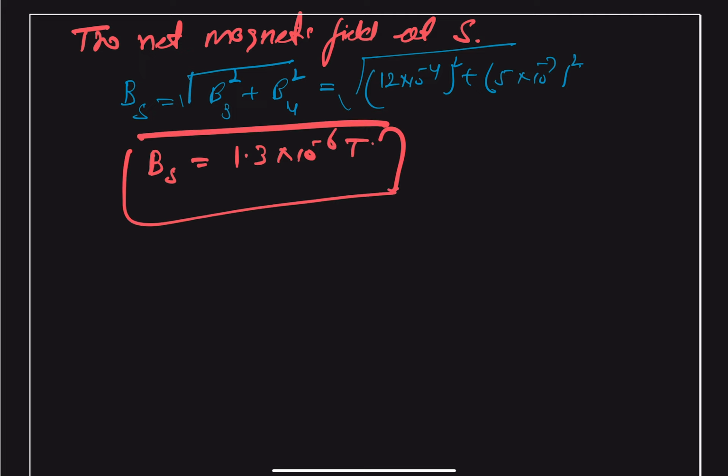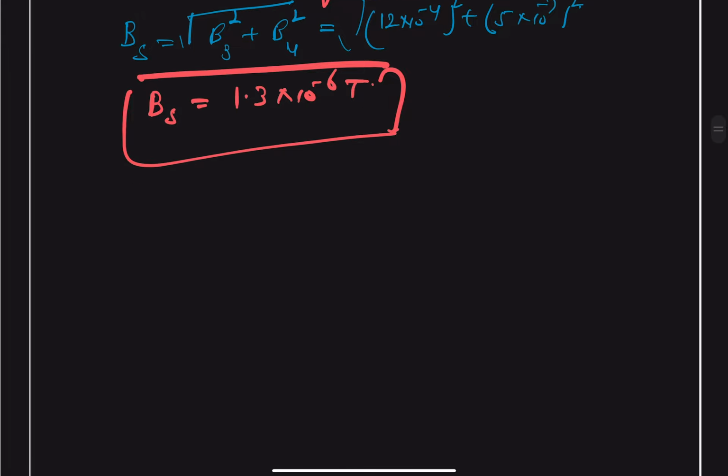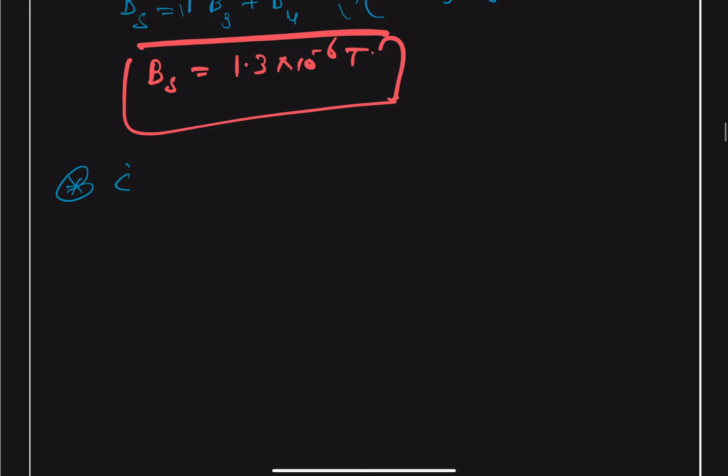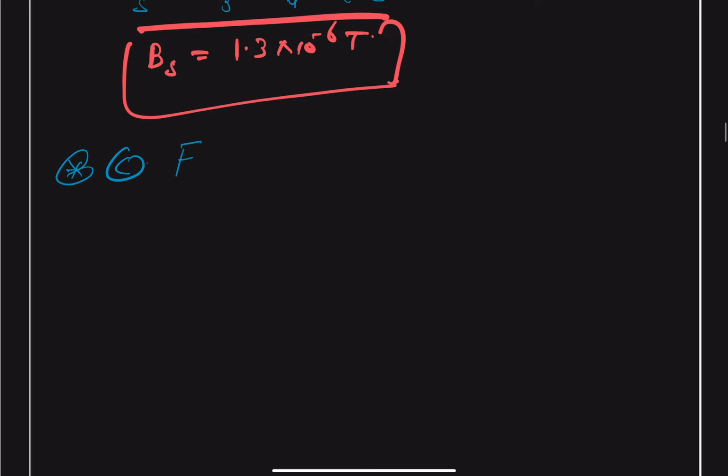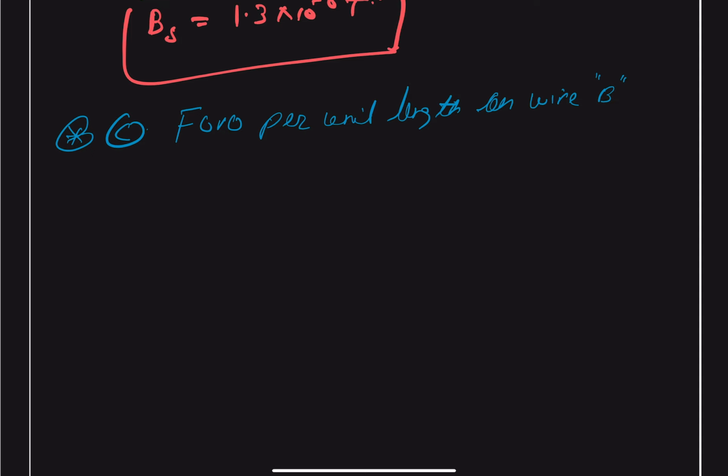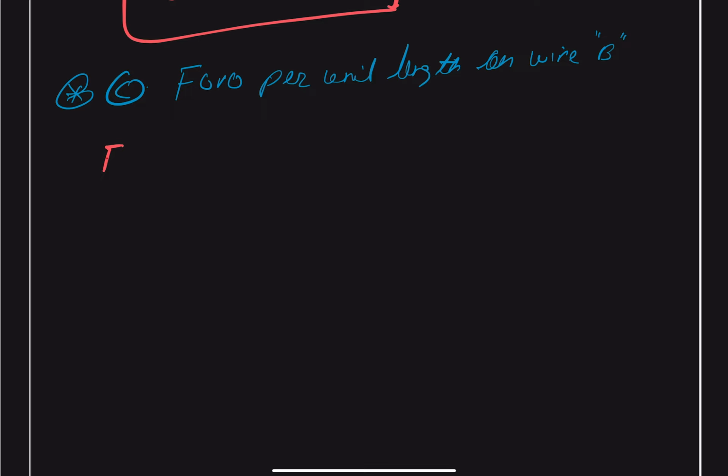And the last part, we have to find out the force per unit length on wire B. Part C, force per unit length on wire B. Let us call that F. So we can say F is equal to mu naught, current in both the wires A and B, and the distance between the two wires, that is RAB.